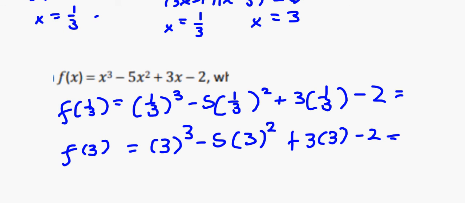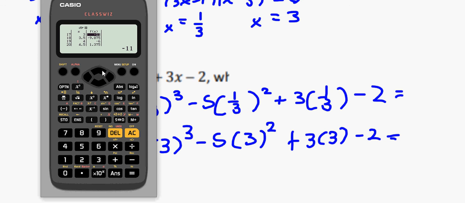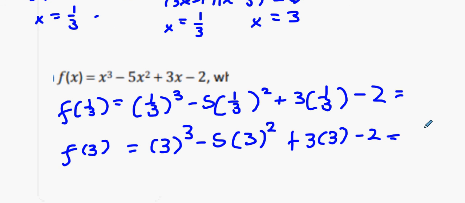The table thing will only give me the answer for 3, which is minus 11. I'd have to input it manually to get the answer for the 1/3. Now, when you put in 1/3, I believe the answer is 3.